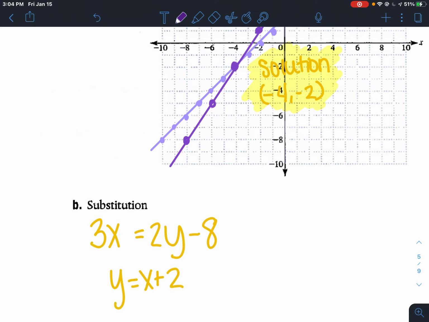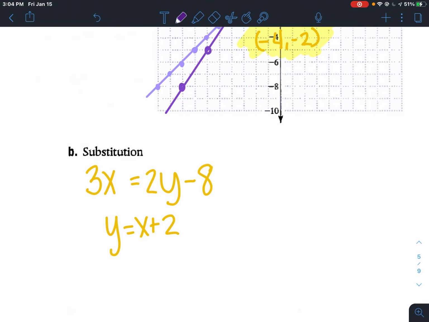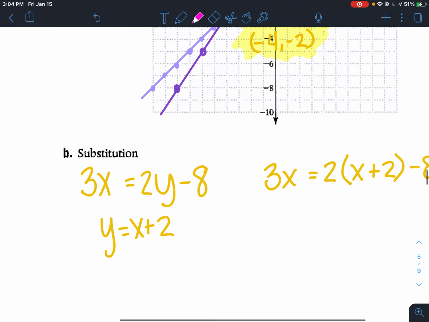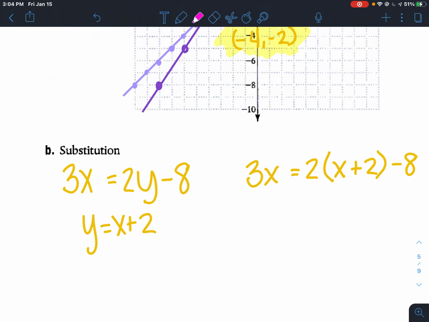Okay, so y equals x plus 2. I'm going to plug it in right here. So then I get 3x equals 2 times y, and y is x plus 2. I distribute my 2, combine like terms, move some things around. Hopefully you get the math so far, because I'm going a little bit faster.